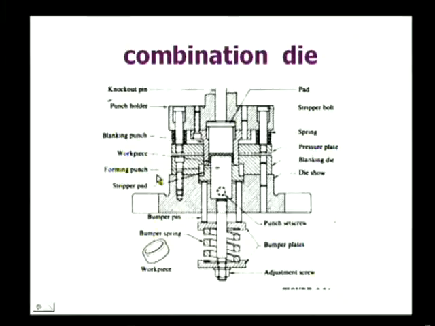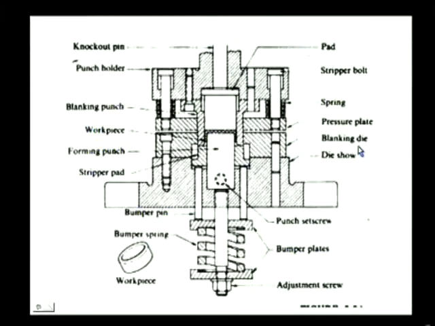This is the workpiece, and this is the knocking pin which knocks out the component. This is the stripper plate, and the same enlarged view can be seen very clearly here.